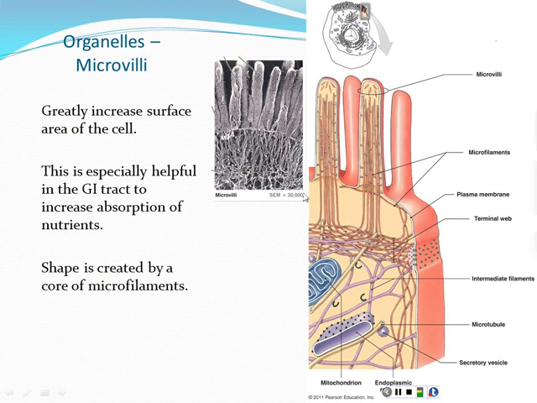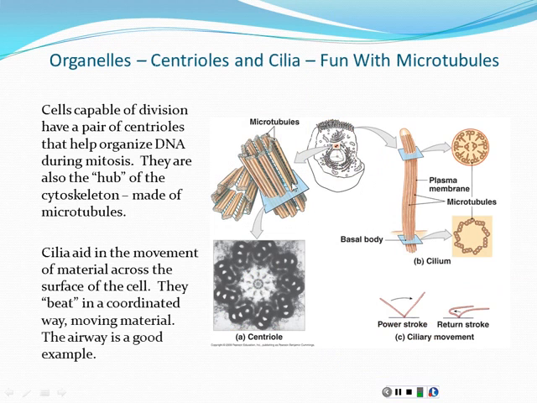And the reason for that is these microvilli expand the cell membrane. If this cell were smooth, there would be much less membrane than all of these little nooks and crannies that we see going up and down the microvilli. So microvilli are present to increase the surface area of a cell. So we're going to see these particularly in the digestive tract, and we'll talk more about why that's important when we get there. All right.